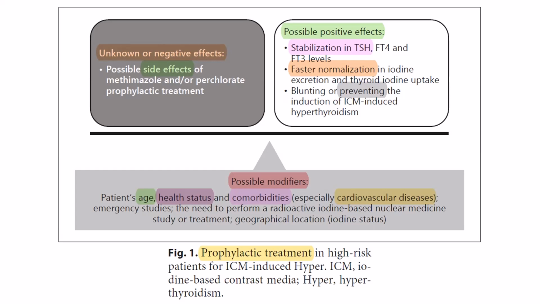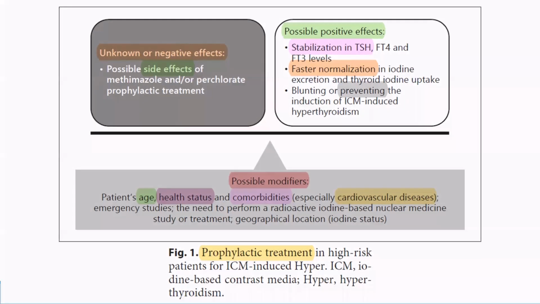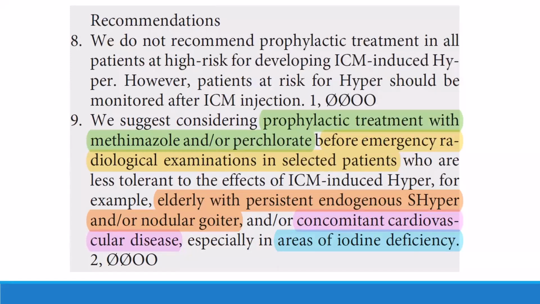But there are some modifiers like the age, the health status of the patient, the comorbidities, and cardiovascular disease that can affect choosing whether or not to give a prophylactic treatment.